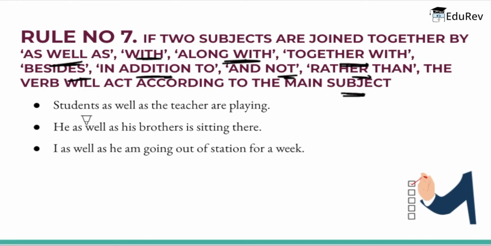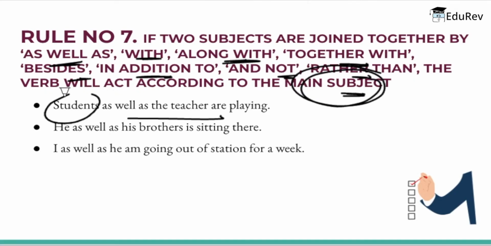So the first is that students as well as teacher are playing. Alright, so here the verb has to act according to the main subject. Here students as well as teacher is there, but there are. So the main subject is students. Therefore, we have put an R in that.